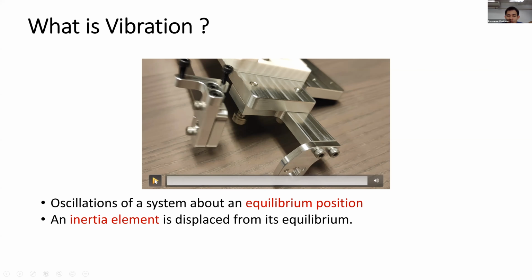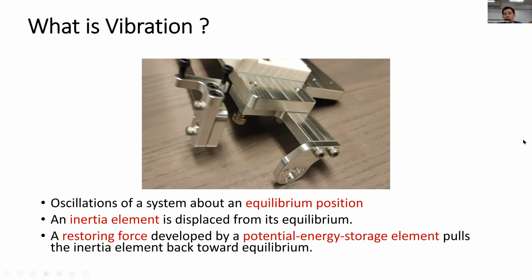Before you see this video, we have another bullet. The mass needs to deviate from the equilibrium point, and we need to have a restoring force that tries to pull the inertia back to the equilibrium.